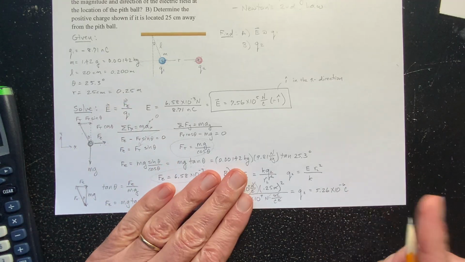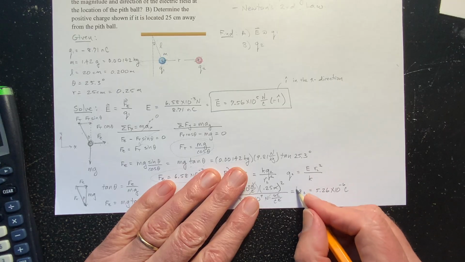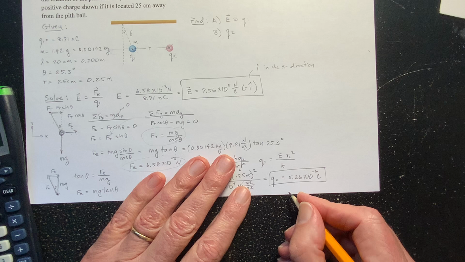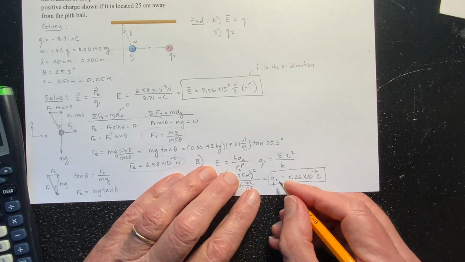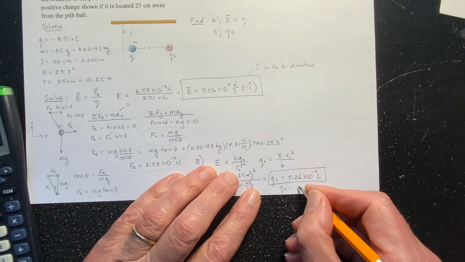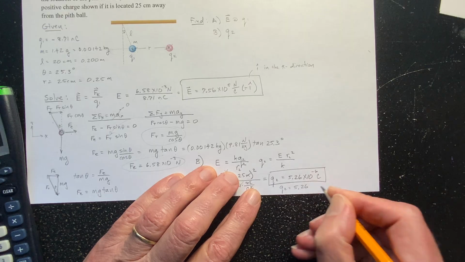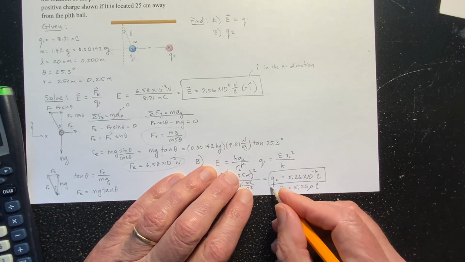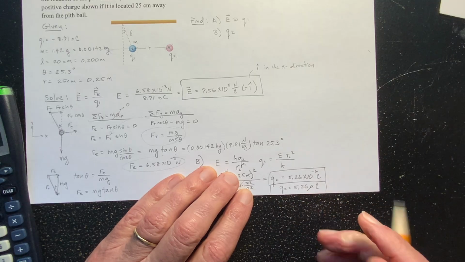And there's my answer. You could also write it like this. And then 10 to the negative 6 is micro, so microcoulombs. You'll quite often see it written that way.